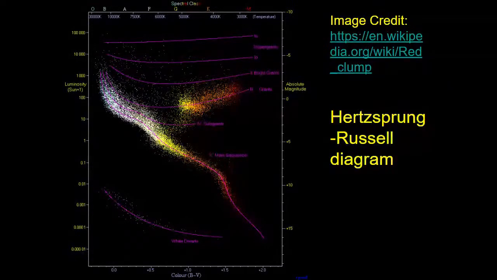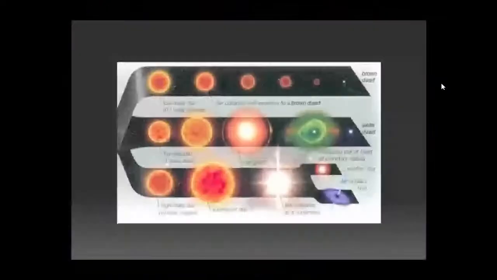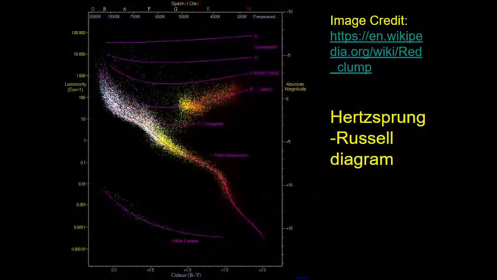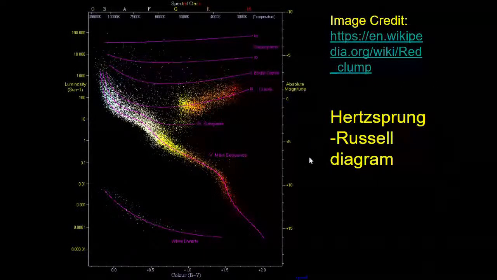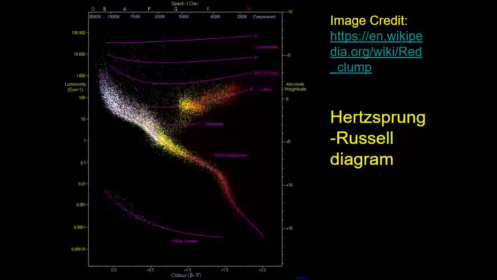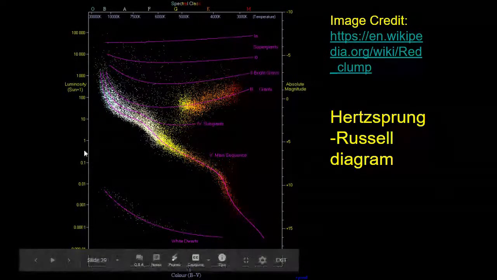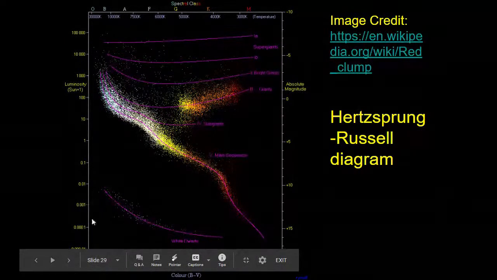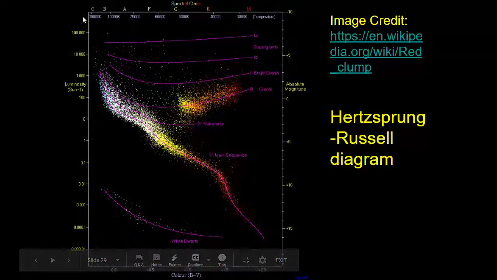So the difference in the magnitude will cancel out the distance effect, and what you will get is effectively a marker of the temperature of the star. And what you see in the y-axis is the luminosity of the star in units of sun.